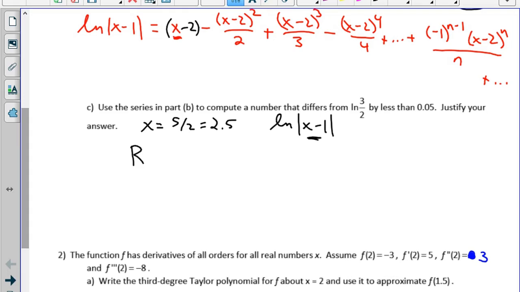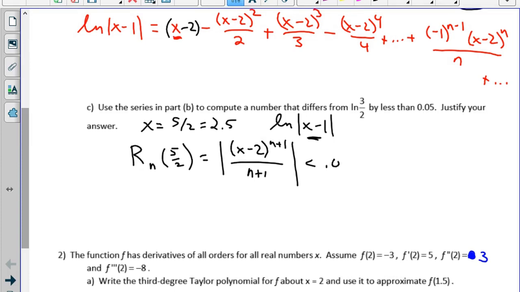So then that means I want the remainder, when I substitute in 5/2, to be equal to x minus 2 to the n plus 1 over n plus 1, which is going to be less than 0.05. So I want this less than or equal to here for the remainder thing.